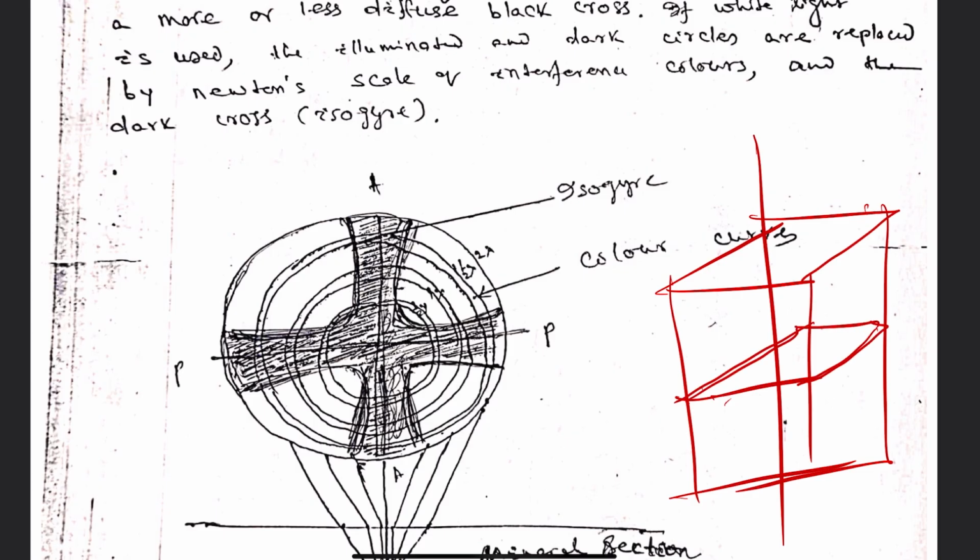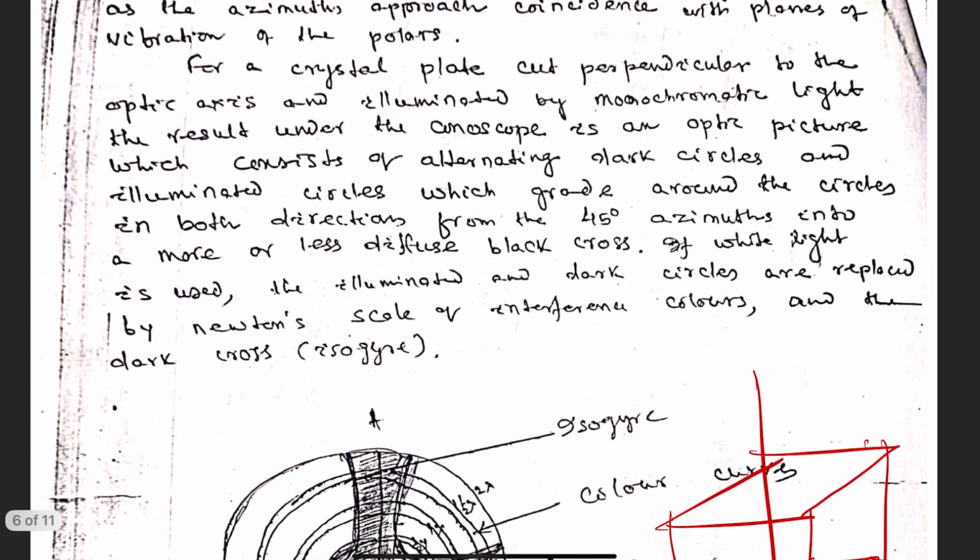This section, if we study in plane polarized light, will show darkness. But here we do not use plane polarized light. We see it in cones of light rays, in convergent polarized light. So what happens when we see it in convergent polarized light?